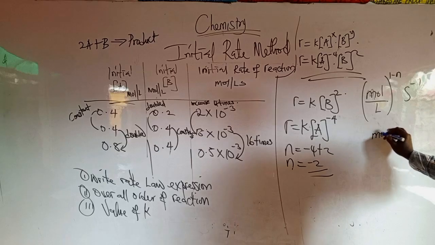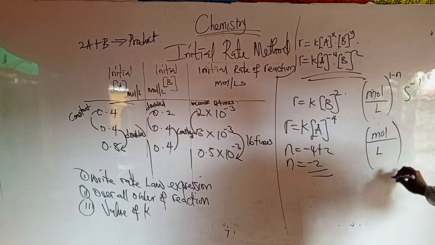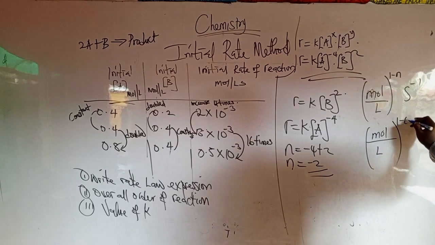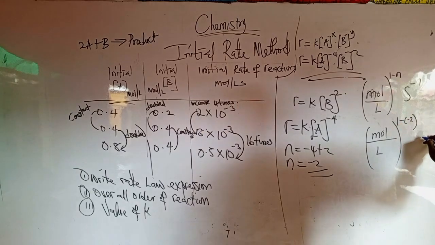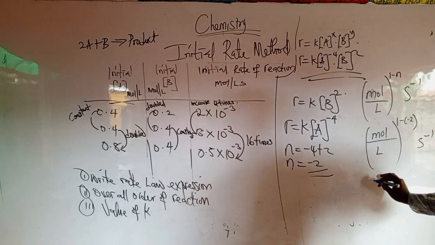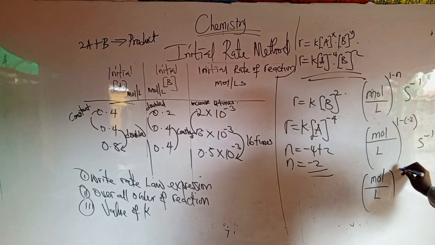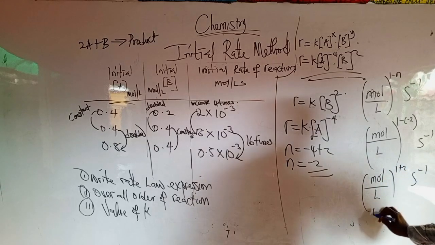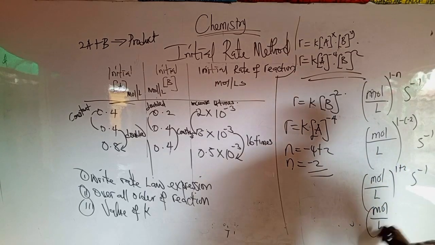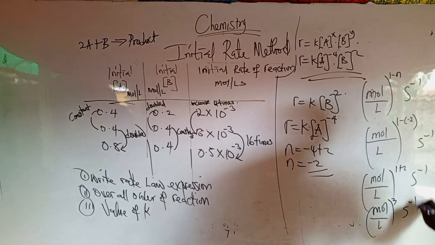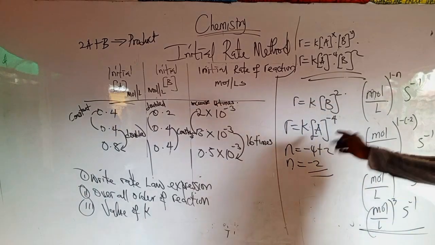That means we have (mole per liter) raised to power 1 minus minus 2, per second. That gives 1 plus 2, so (mole per liter) raised to power 3 per second. That's the unit of K for this one.